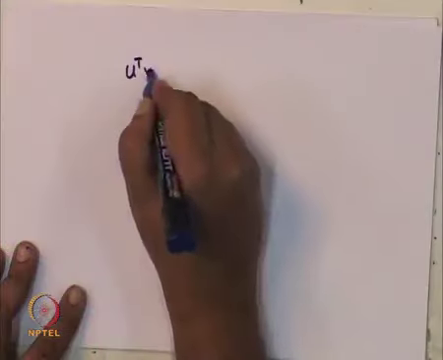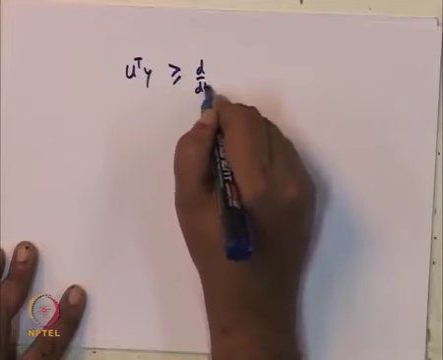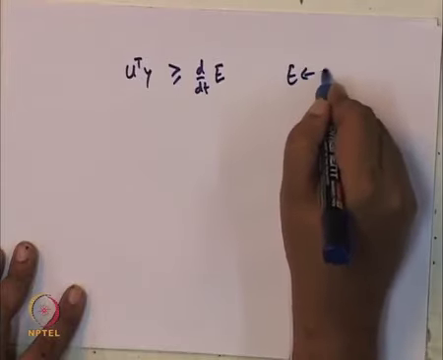Now, the fact that the derivative is negative definite will get satisfied because of the dissipation inequality. So, just recall that the dissipation inequality gives us something like this: u transpose y is greater than or equal to d dt of E, where E is the storage function.